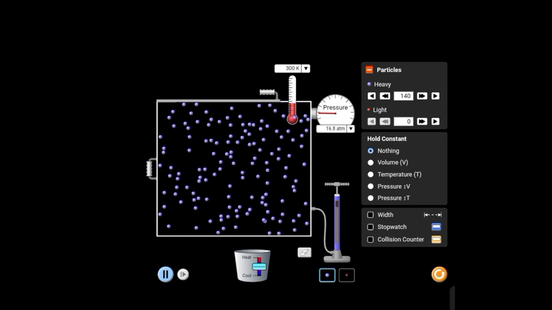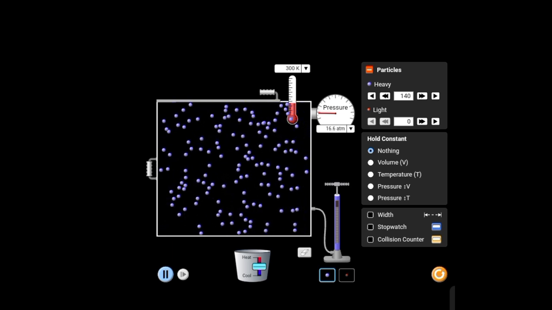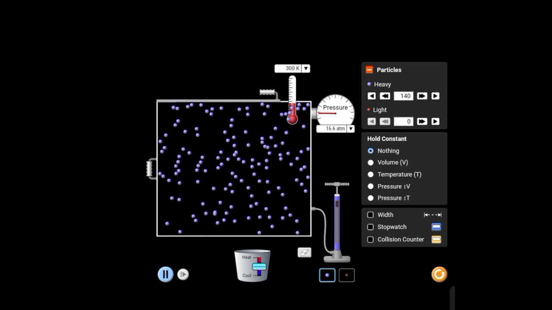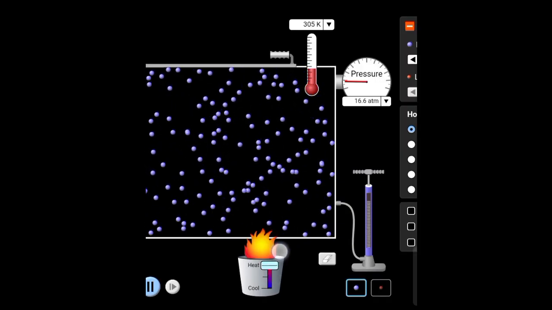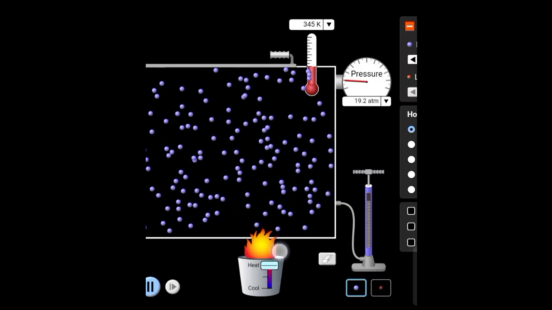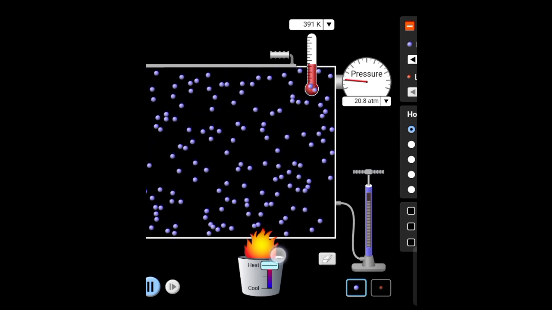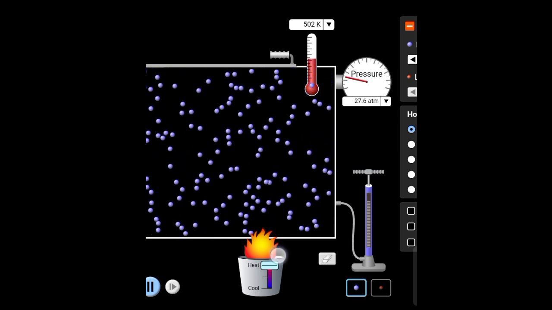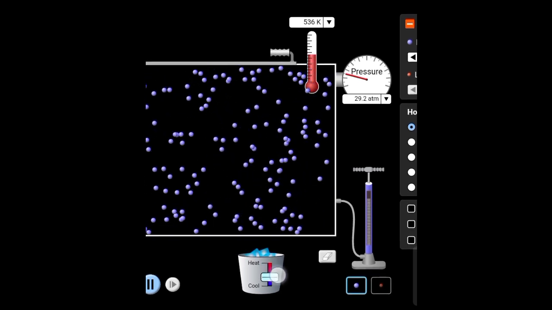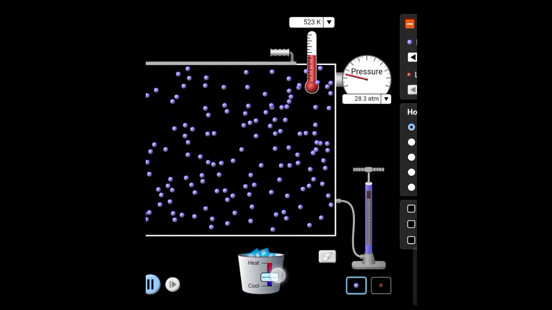Now let's start by changing the temperature of the gas. In the bottom left, you will find a slider that adjusts the temperature. Try increasing the temperature and watch what happens to the gas particles.